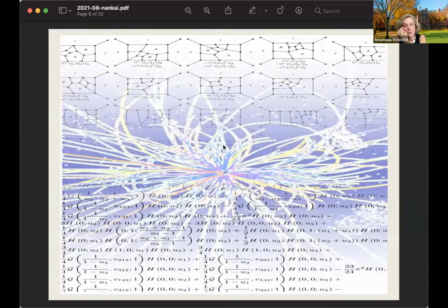Moreover, when you start talking about loops, you're doing these computations perturbatively in the coupling constant of your theory, and frequently these diagrams, for example, these are some diagrams for 4-point amplitudes, and they have 7 and 6 loops in them. So you have to do some integrals. Again, these are very well-known rules, but the integrals in practice are very complicated, and they're given in terms of special functions.